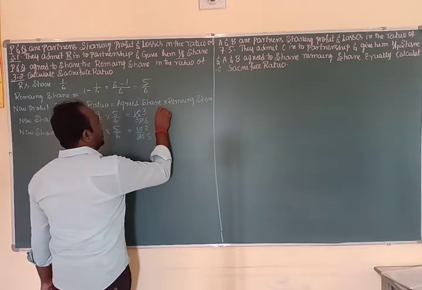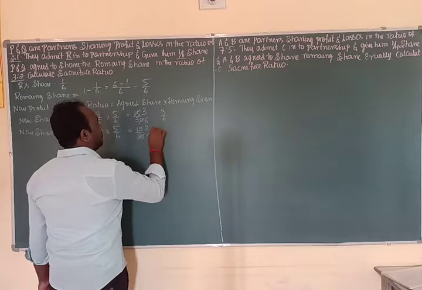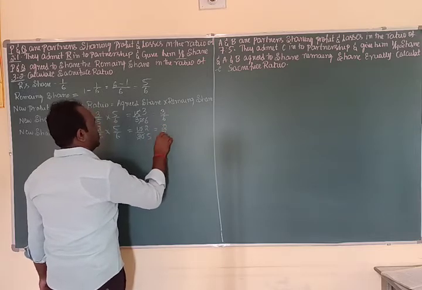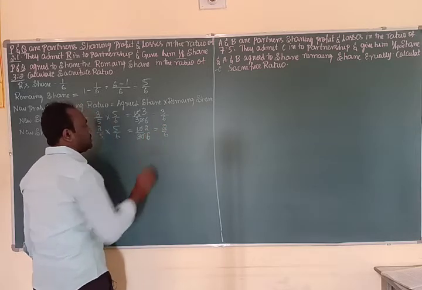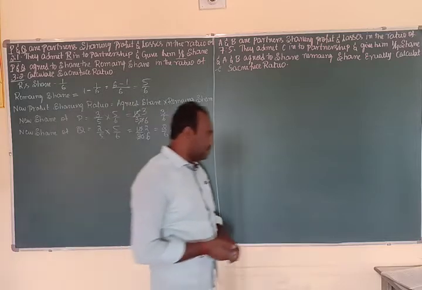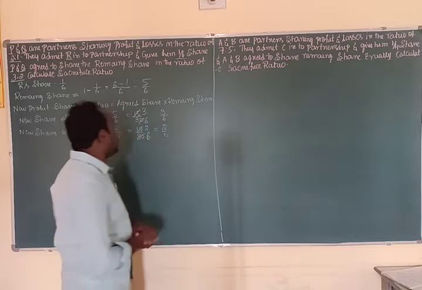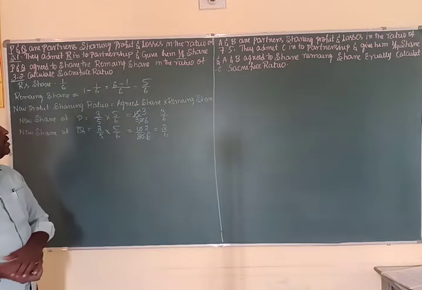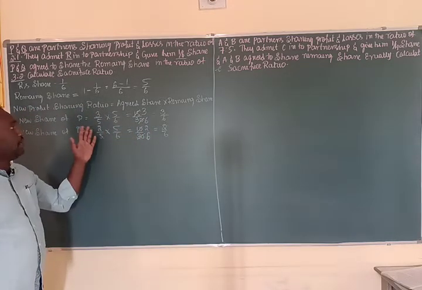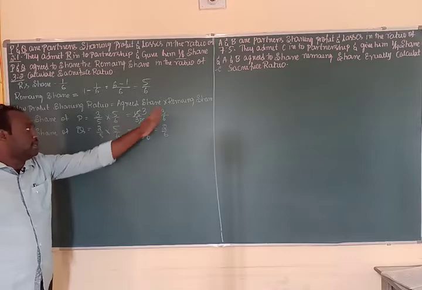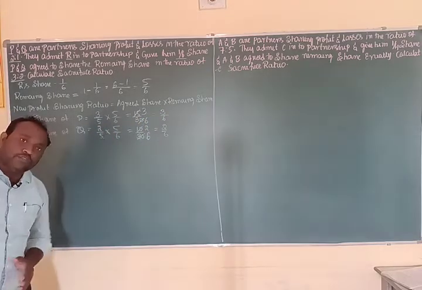So we get 3/6 and 2/6. Here we should get the new profit sharing ratio: P is 3/6 and Q is 2/6.